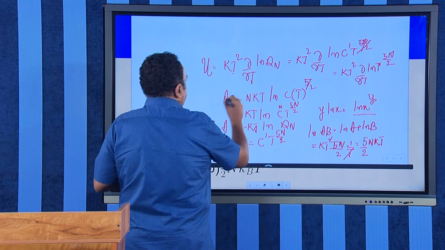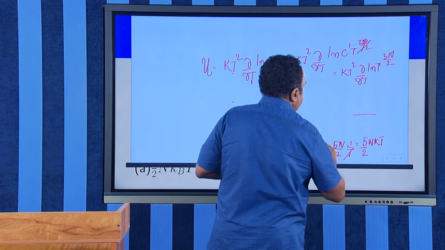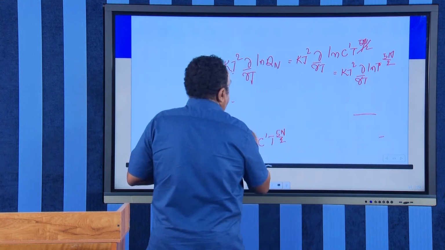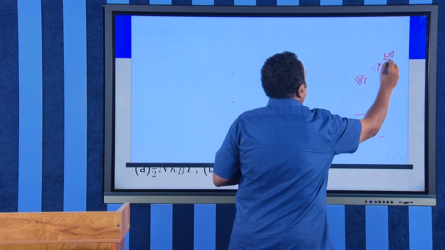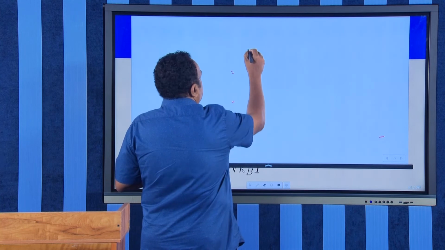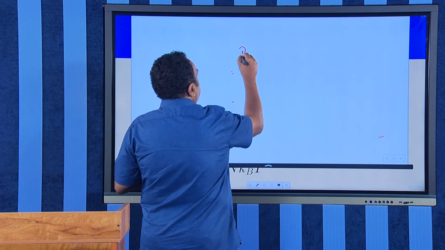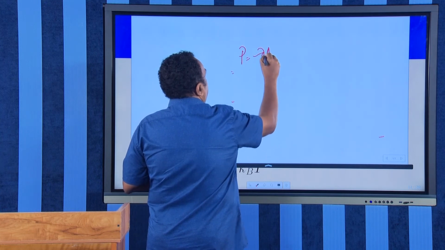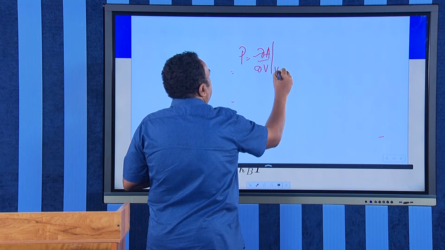The thing that you have to remember is that your partition function may contain different types of variables, but for all your expressions, like pressure, which was minus ∂A/∂V, keeping N and T as constants.